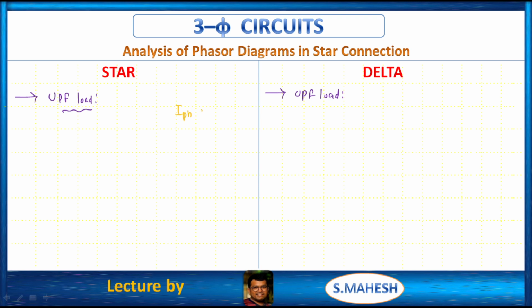I phase is in phase with what? V phase, right? Phase current is in phase with V phase, that is phi is equal to 0 degrees.